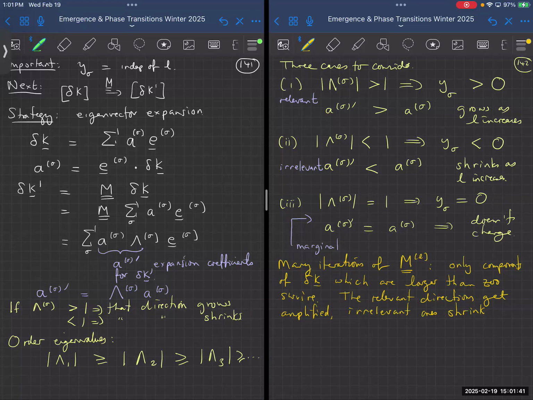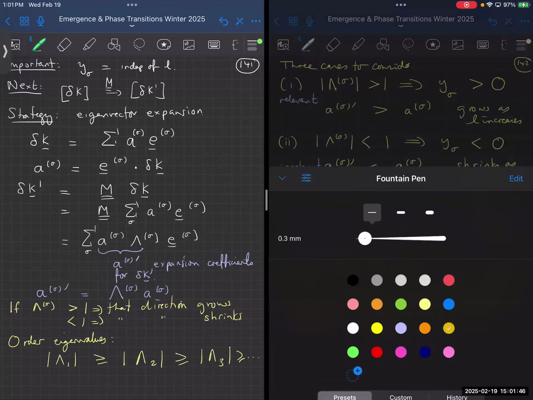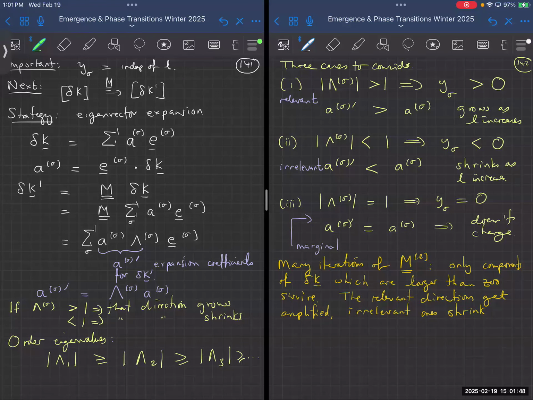So let's think about what that means in terms of the critical manifold. Last time we introduced the critical manifold. Let's suppose that we are not on the critical manifold.